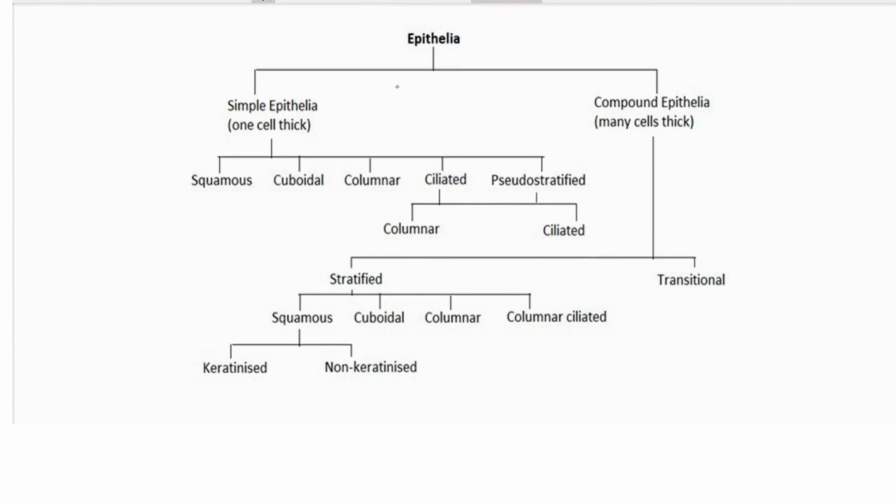So let us see, what are epithelial tissues? Epithelial tissues may be a single layer, so simple epithelium, or maybe more than one layer, so compound epithelium. Simple epithelium means one cell thick only, means only one layer of cells, which gives the simple epithelium. If more than one layer, so many, that means compound epithelium, also known as multi-layered epithelium.